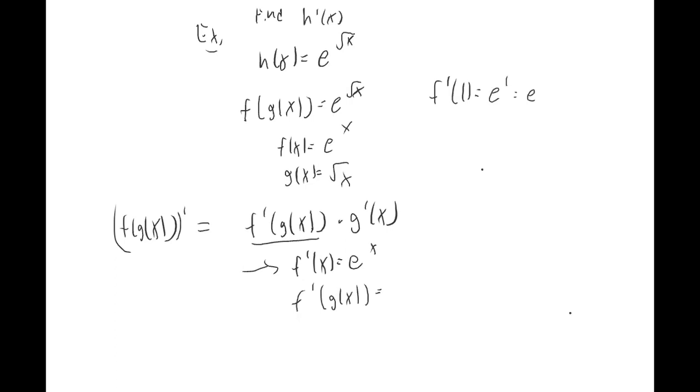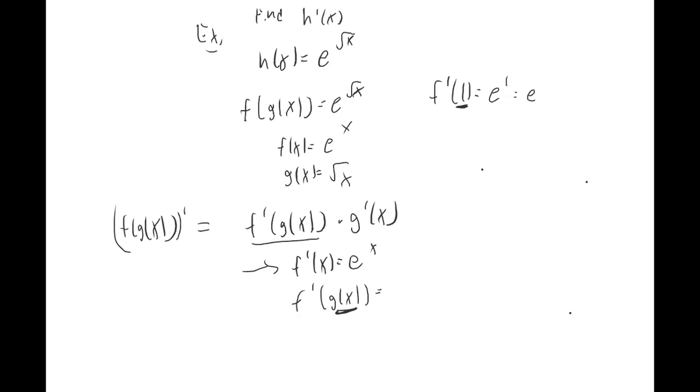I think you're thinking ln of 1. So ln of 1 is 0. So what did you do? You plugged 1 in for x, right? So just the same exact thing. Instead of a 1, you have a g of x here. You do the same exact operation.